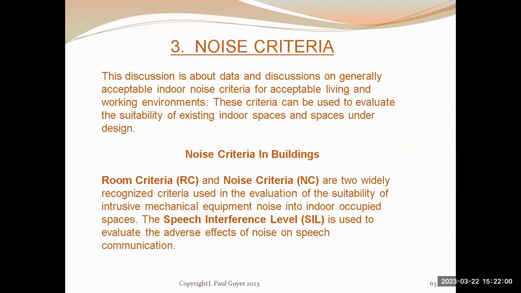That's a quick walk through some of the high points of the physics of noise, sound, and vibrations. Now let's look at noise criteria, which is your target in building design. There are two quantities that have been developed.